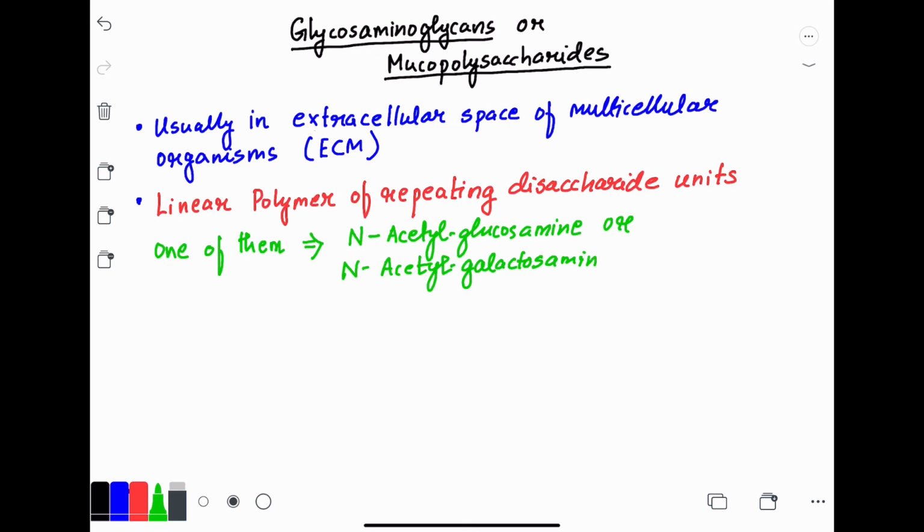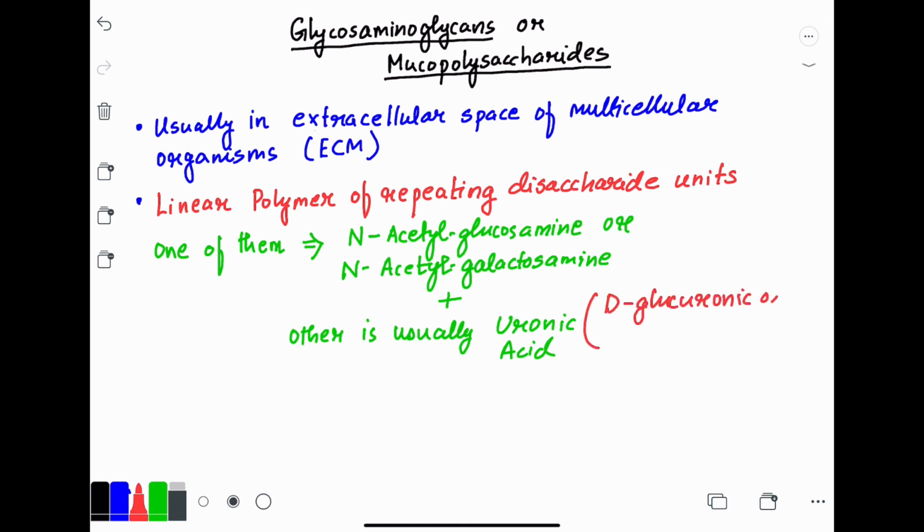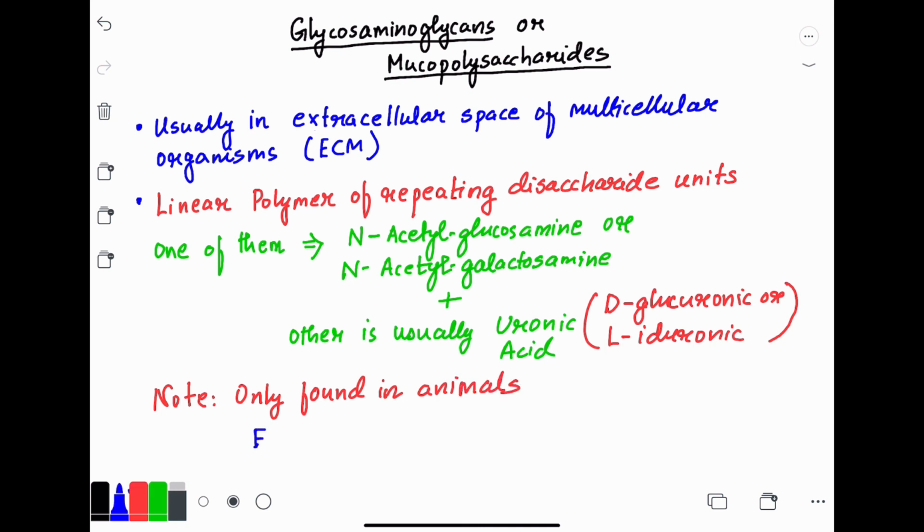And the second part of the disaccharide is formed by something known as uronic acid. It is usually of two types, D-glucuronic acid and L-iduronic acid. Note that these glycosaminoglycans are exclusively found in animals, and not in plants.